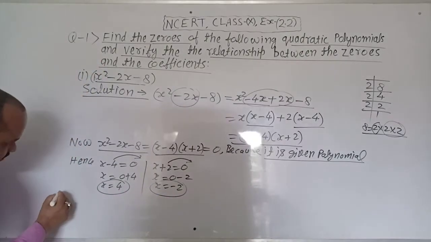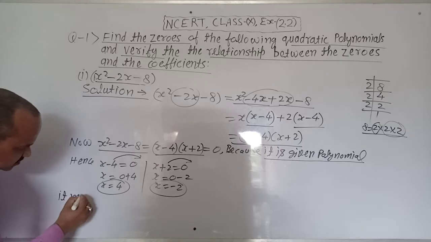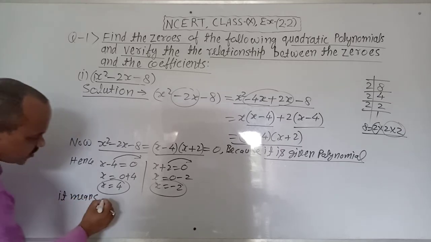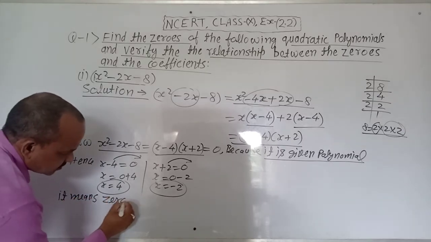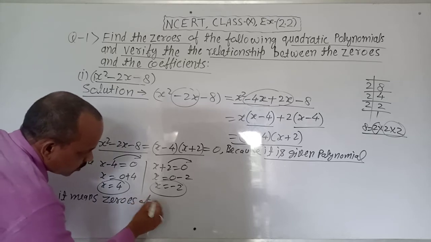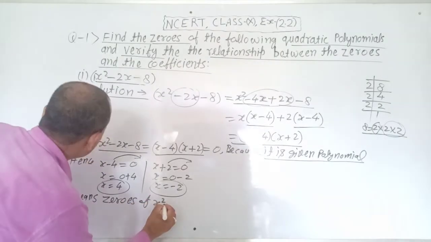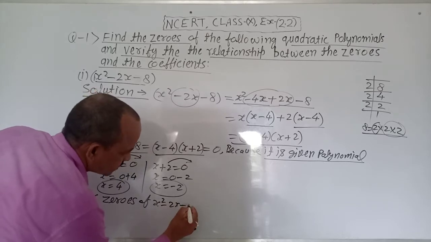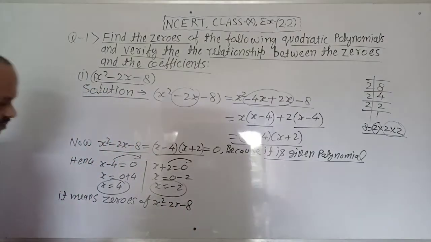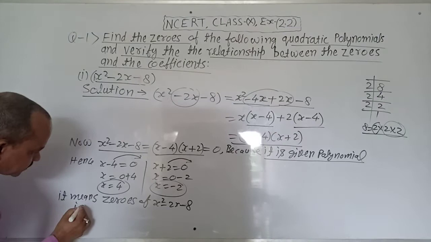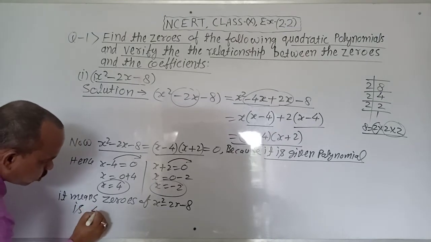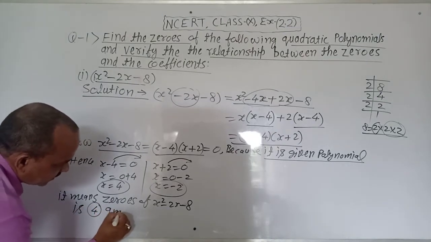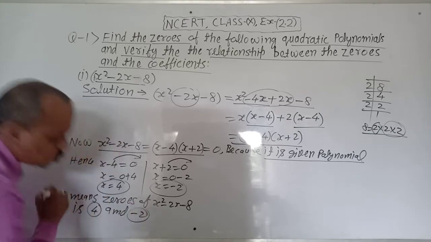It means the zeros of x square minus 2x minus 8 are 4 and minus 2.